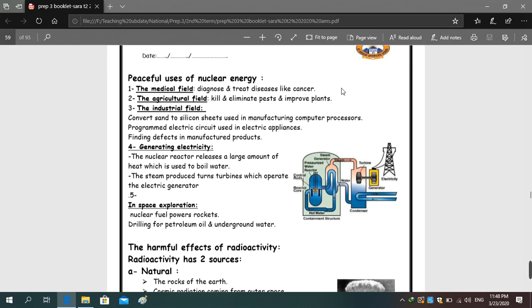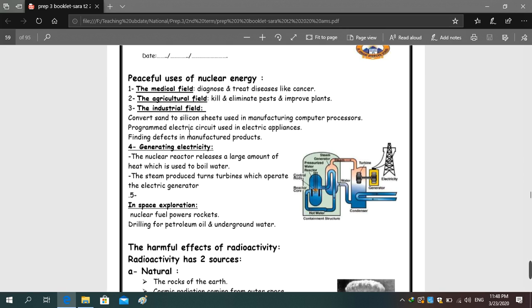As you know, cobalt-60 radiates gamma radiation which can kill cancer cells. Number two, the agriculture field: killing and elimination of pests and improving plants. We can kill pests by using a radioactive element which emits radiation that can kill pests.